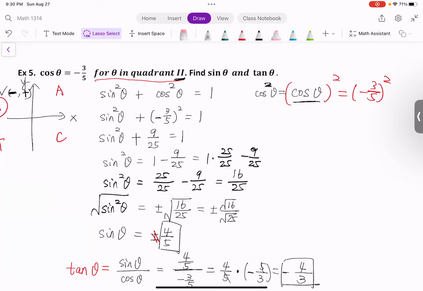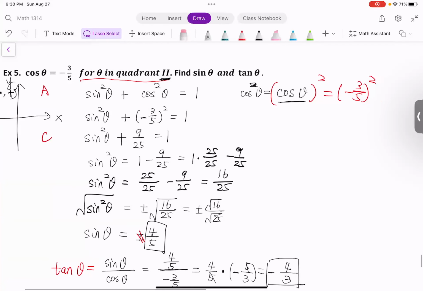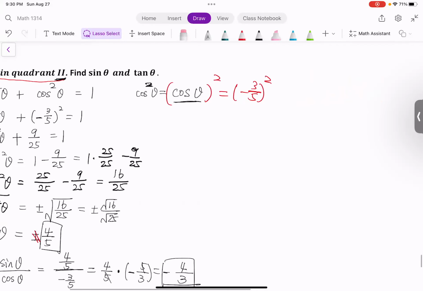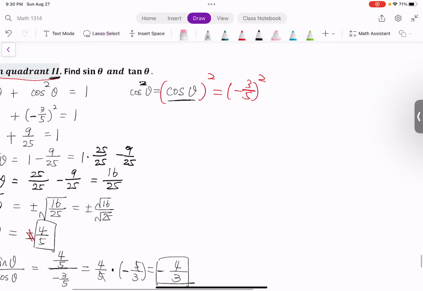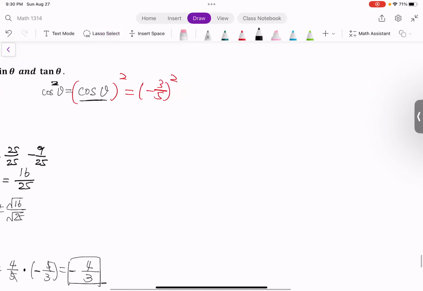It's not copied. Okay, let's do the new area and continue to use the second method. So let's do this. Way 2.